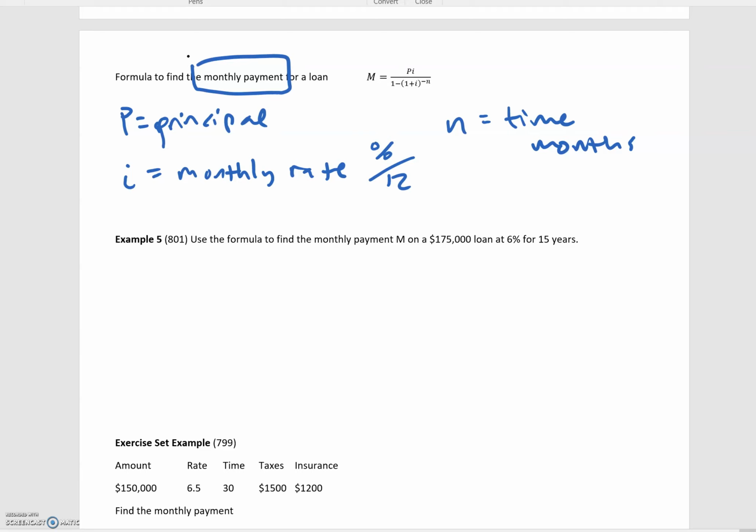All right, so if we're looking for M, we're going to put in 175,000 as the principal, and then remember that I is our monthly rate. So 6% means we're going to have 6% divided over 12 months.